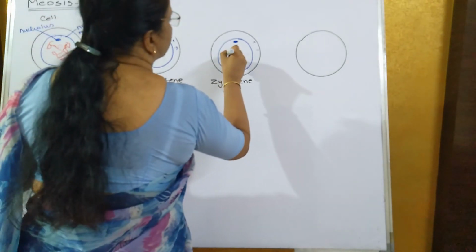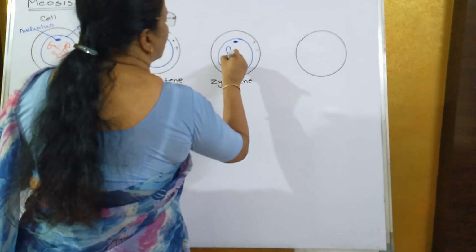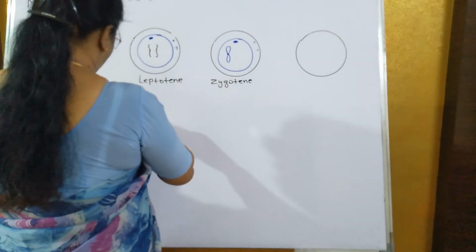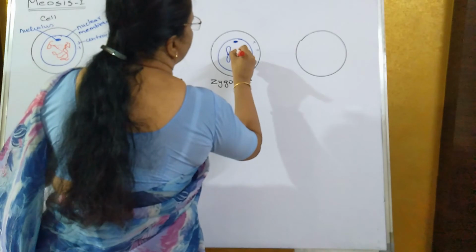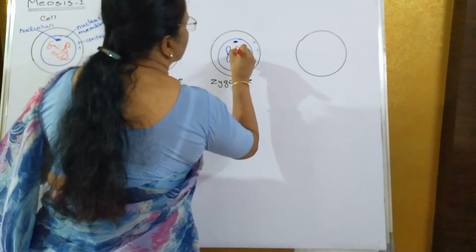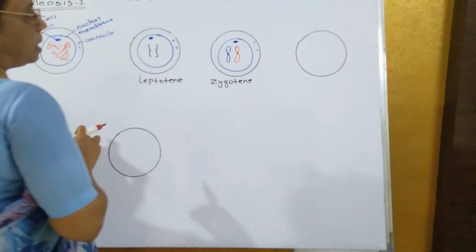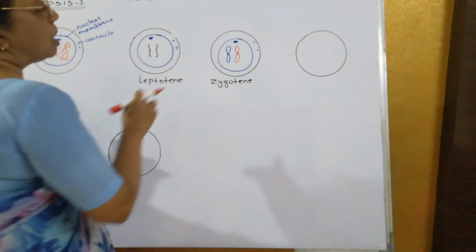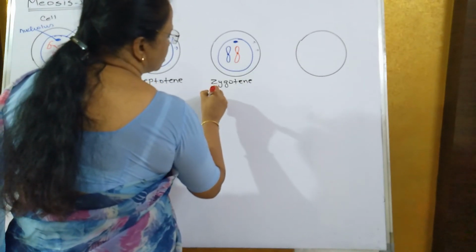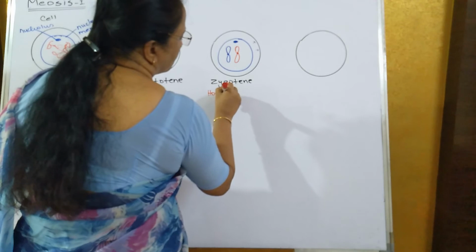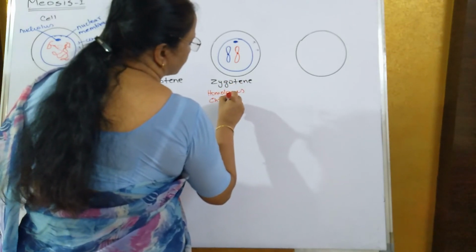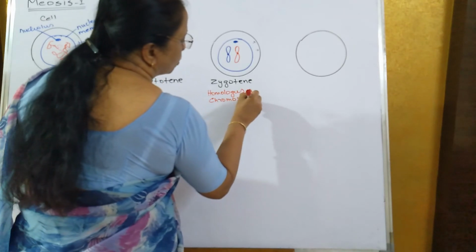Supposing this is the homologous chromosome which is coming from the father, and let us assume the red color is the chromosome which is coming from the mother. These two chromosomes arrange side by side, and these two are known as what? Homologous chromosomes. Now what is the meaning of homologous chromosomes?